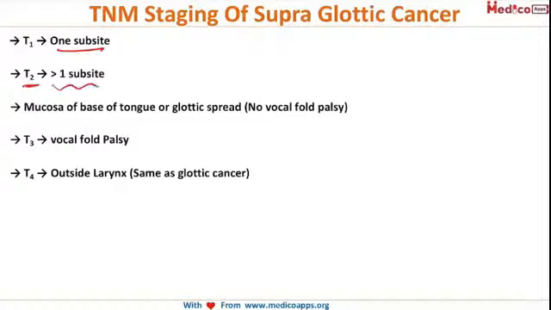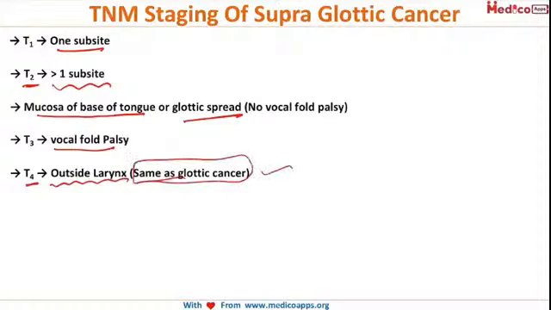In T2, more than one subsite is involved, including the mucosa of the base of the tongue and also glottic spread. In T3, there is vocal fold palsy, and in T4, there is a spread outside the larynx. So this is the same as that of the glottic cancer. The spread can be into the superior mediastinum, prevertebral space, or even the carotid artery.